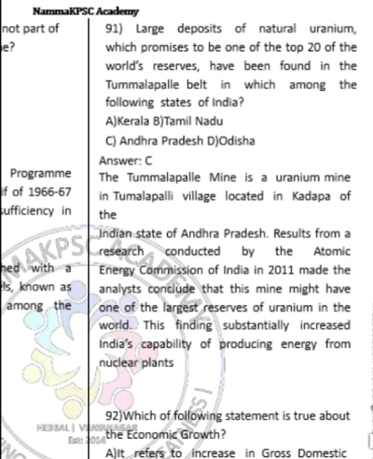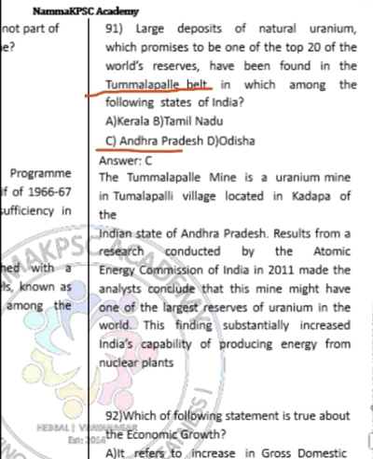Question number 91. It is asking, large deposits of natural uranium which promise to be one of the top 20 of world reserves have been found in the Tumlapalle belt in which of the following states? So basically it is asking where, in the Tumlapalle region of India, natural uranium deposits are found. Where is Tumlapalle situated in India?